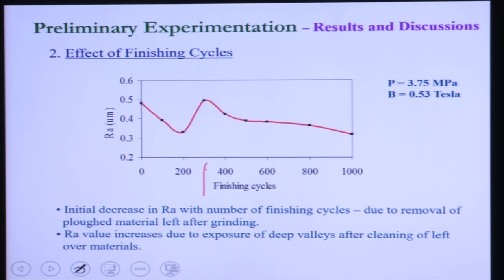That is why in the initial few cycles the final surface roughness improves, but after a few finishing cycles the original peaks and valleys are exposed. Due to that, with increasing finishing cycles, your surface roughness deteriorates again.